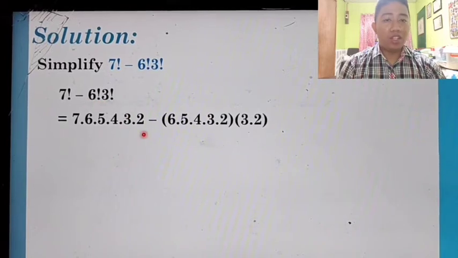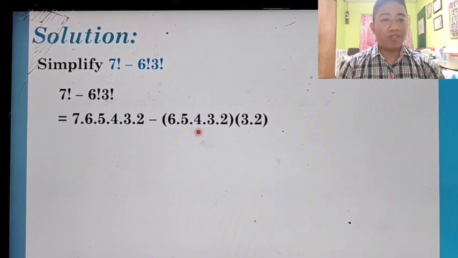Then minus, we expand 6 factorial: 6 times 5 times 4 times 3 times 2. And 3 factorial is 3 times 2.